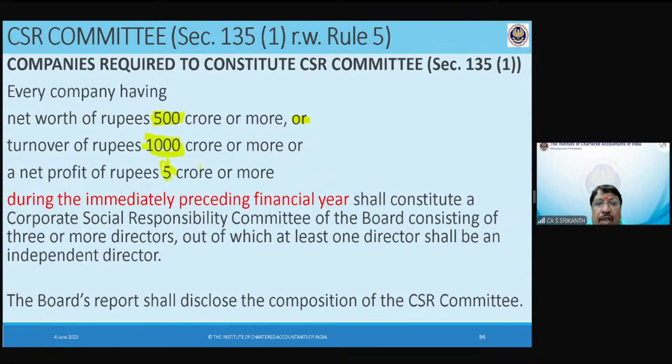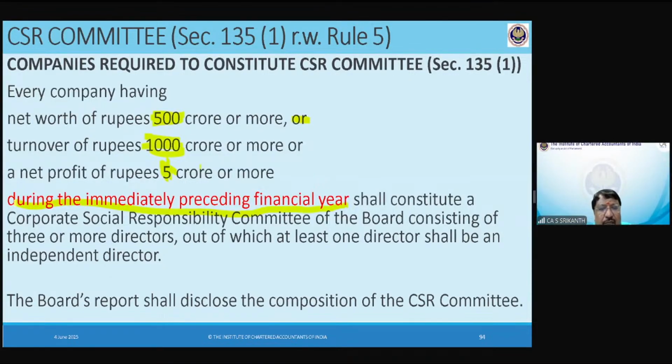Okay. During the immediately preceding financial year shall constitute a CSR committee. That's all. Please understand. These have to contribute. Every company which is bound to constitute a CSR committee is also bound to have a compulsory CSR.